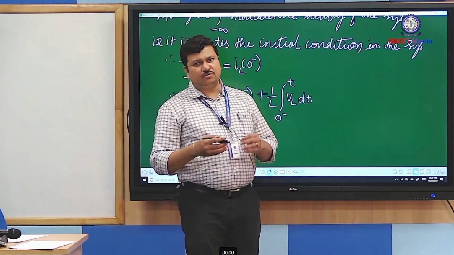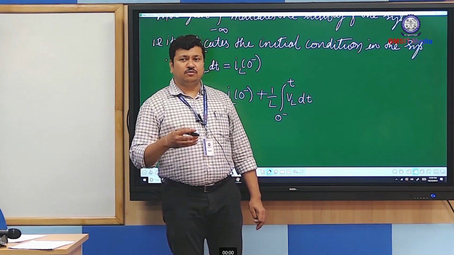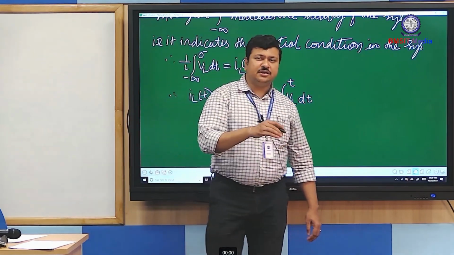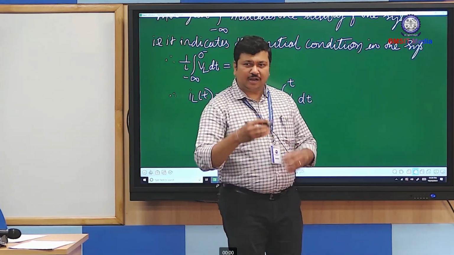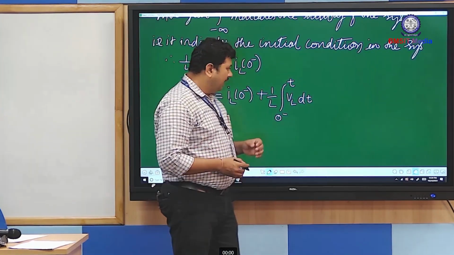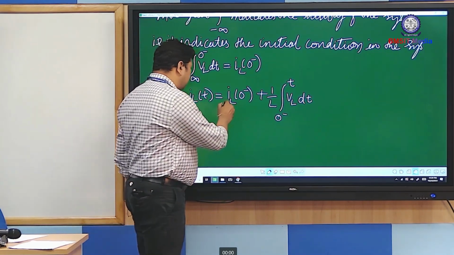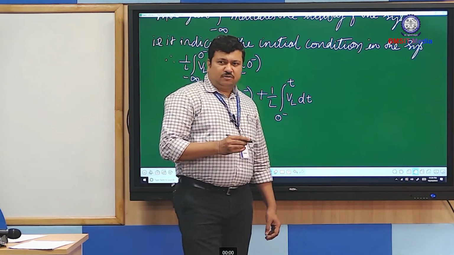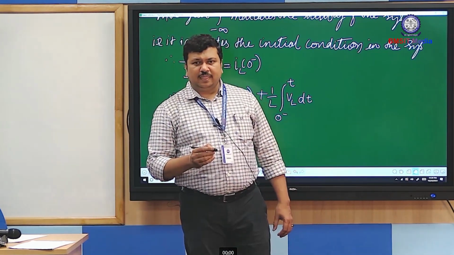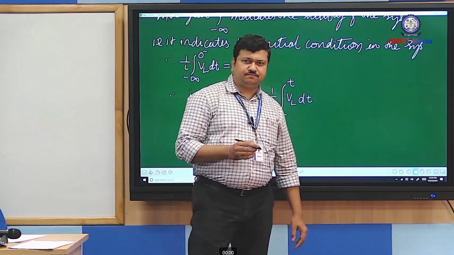So I need not know now what is happening under steady state condition. I want to know what is happening at switching condition, at the time of switching. Now I have an initial condition current, IL of 0 minus, which is indicating the current at t equal to 0 minus.